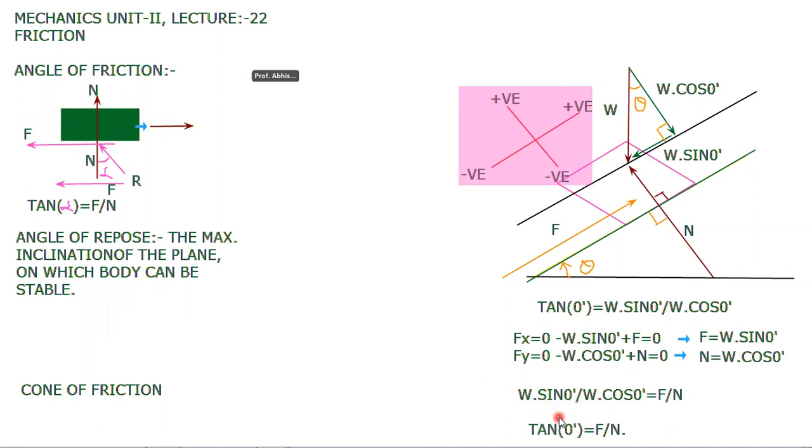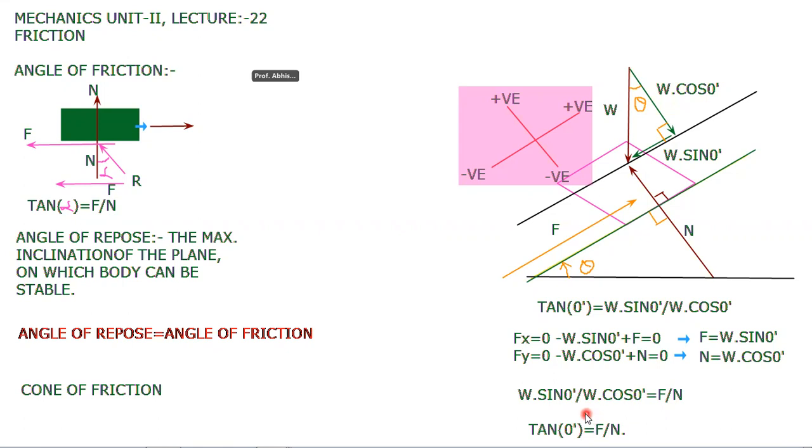And here also tan theta is equal to F by N. So this proves that alpha is equal to theta, that is, the angle of repose is equal to the angle of friction. Both have the same F by N value.